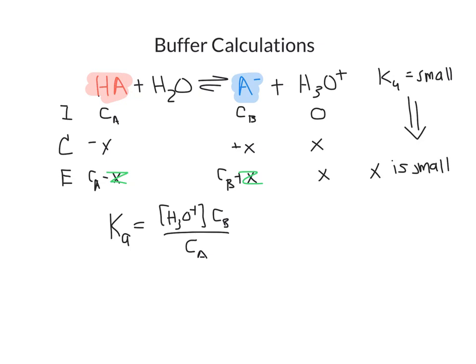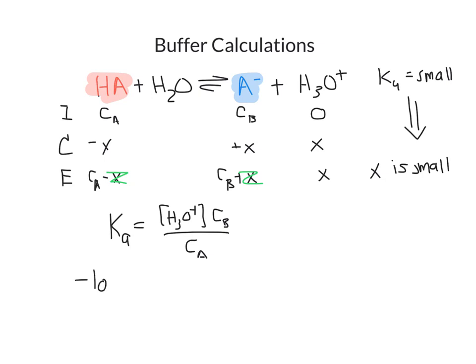Now, if we think about how we're going to solve this equation to find the pH, we know that eventually we are going to want minus the log of the H3O+ concentration. So let's take minus the log of both sides of this equation.